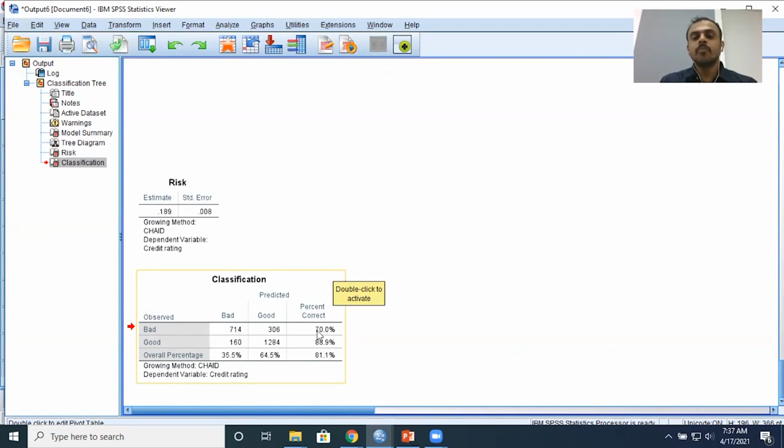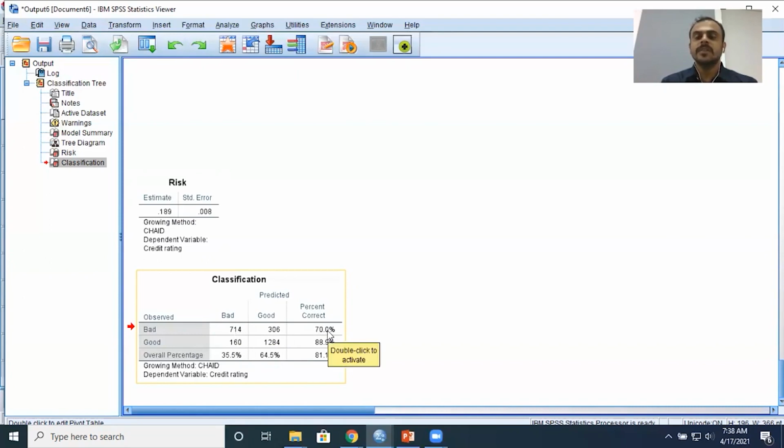So our model is able to correctly classify 70% of the bad credit risk in the correct group itself, right? Out of roughly 1020 individuals, 714 bad credit risks have been correctly identified and put in the correct category.